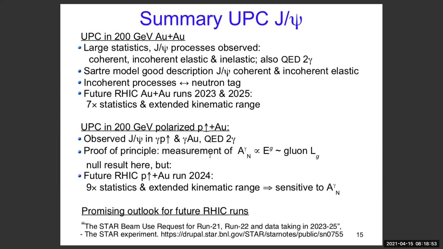We demonstrated the principle of the asymmetry measurement, have a null result here, but again, the future RHIC runs this year, coming this winter, and then pp, and then p+Au in 2024 will give us about 9 times the statistics and extended kinematic range, which will give us sensitivity, hopefully, to the asymmetry and the gluon GPD. So there's still some promising new data coming from future RHIC runs.